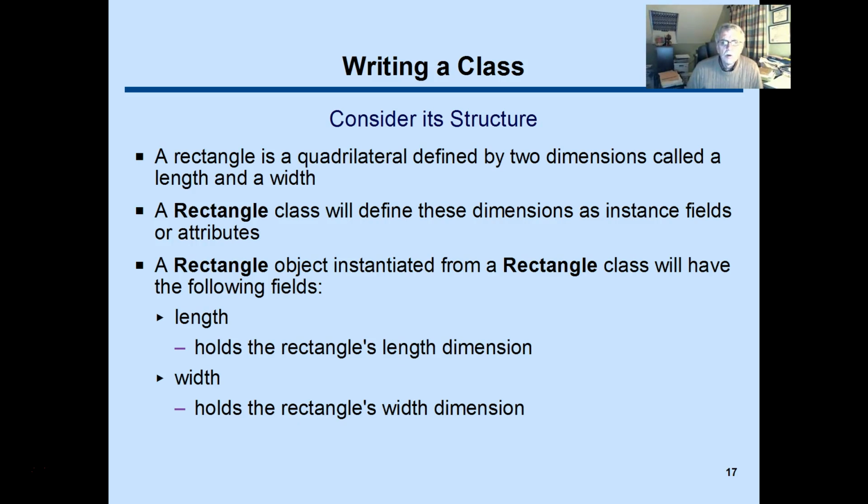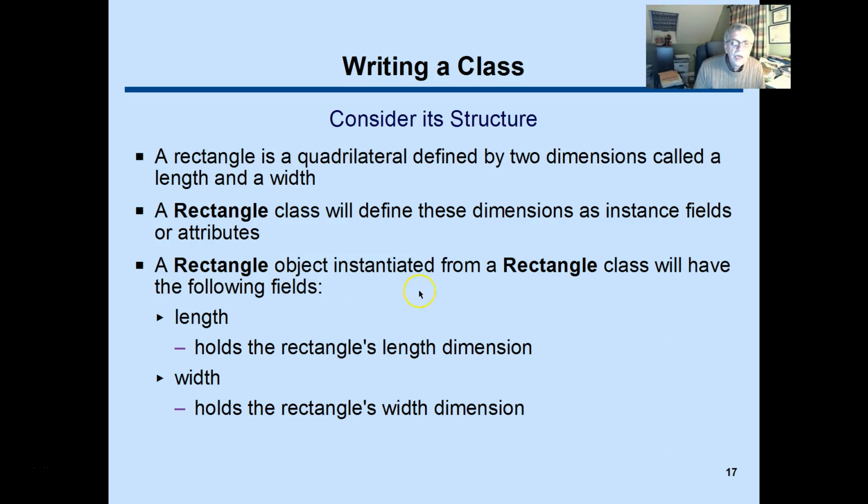Two of the sides are referred to as the length, and two might be referred to as the width, because the two sides that are designated as being of length are the same distance or same measure, and likewise for the two that are width. So we basically say there are two dimensions that characterize this four-sided object. These dimensions then will become the fields or the attributes for our class that we're going to call rectangle, because every rectangle will have a length and a width.